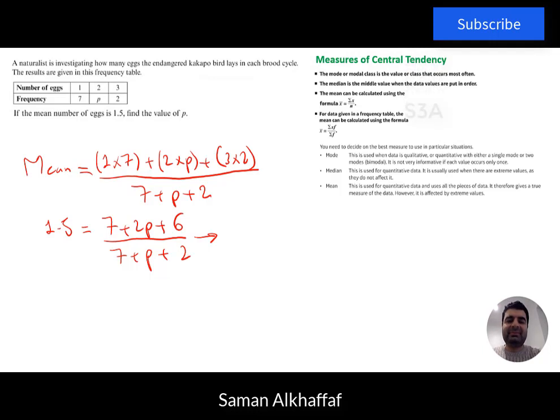So now we will try to rearrange this expression. So we would have 2p plus 13 over p plus 9, and now we will try to rearrange this: 1.5p plus 13.5.